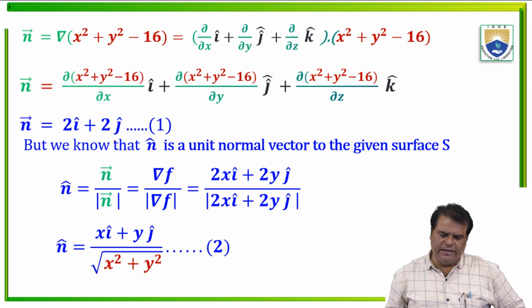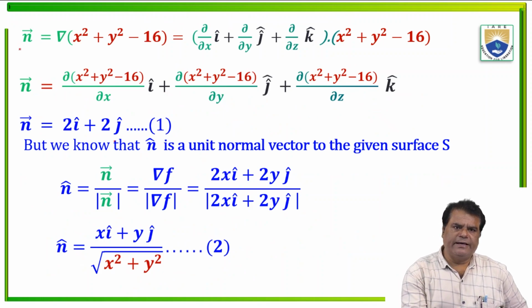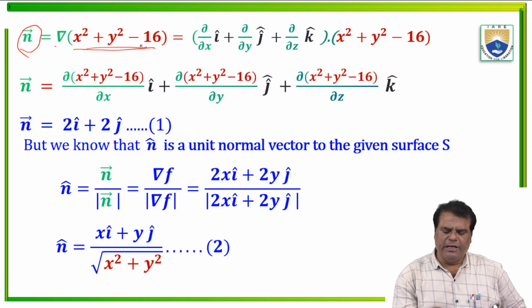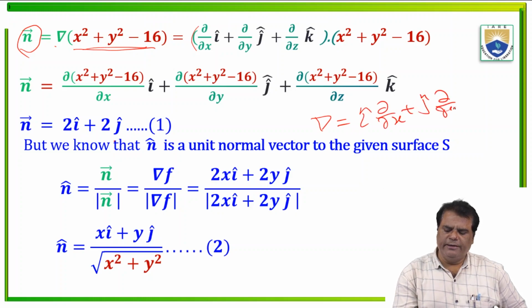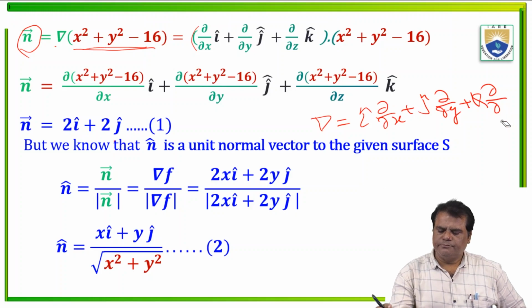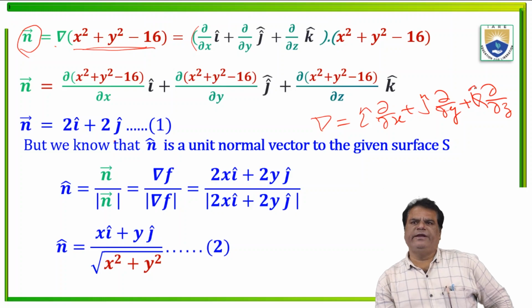So now n vector is del f. Find the value of del. We have already discussed del equals i dou over dou x plus j dou over dou y plus k dou over dou z. This is the value of del.